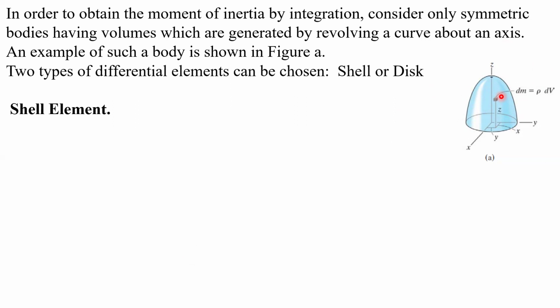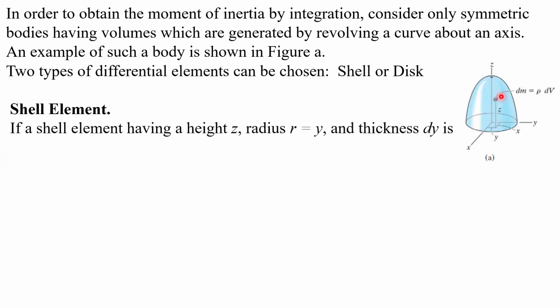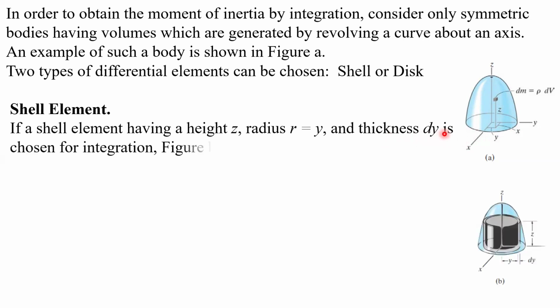So, shell element. If a shell element has a height h, this is the height h, and radius r equals y, and then the thickness dy is chosen for integration.